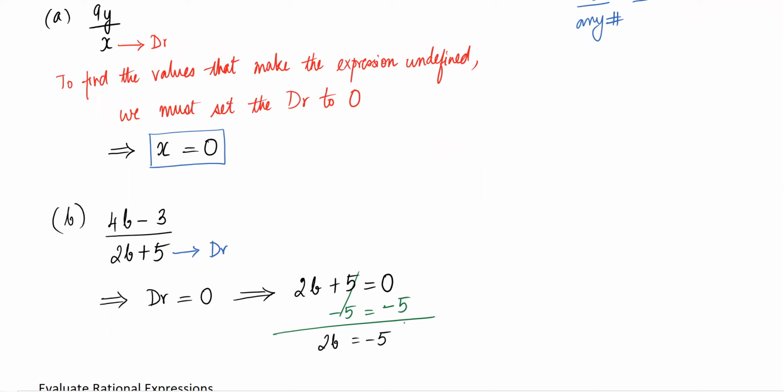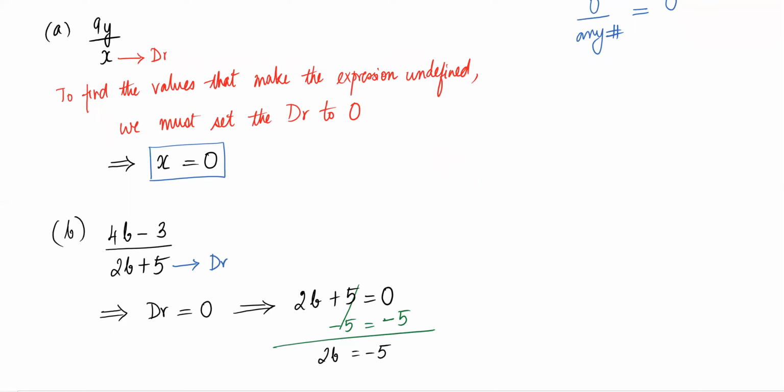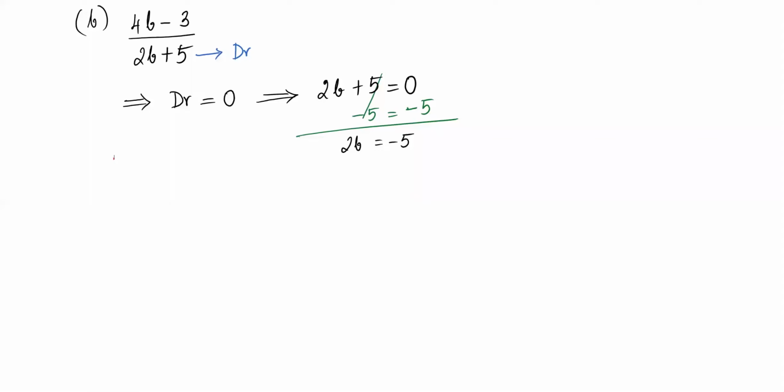One more step, and that'll be to divide both sides by 2. So b equals -5 over 2. What this tells us again is, if b takes the value -5 over 2, your expression in question B will become undefined.